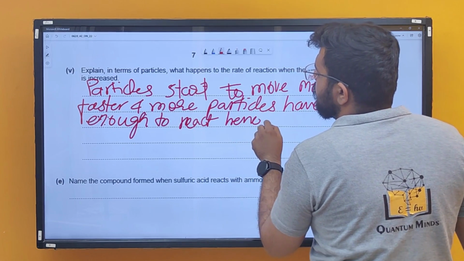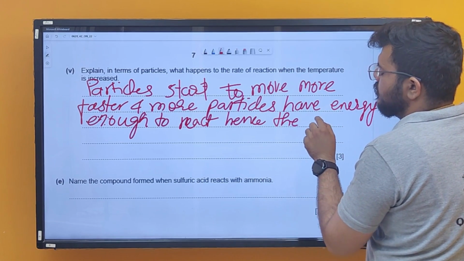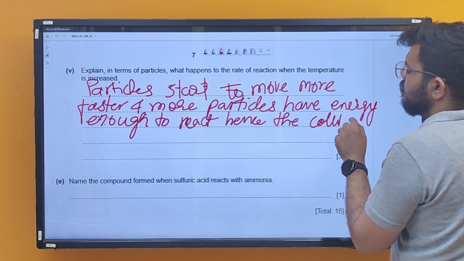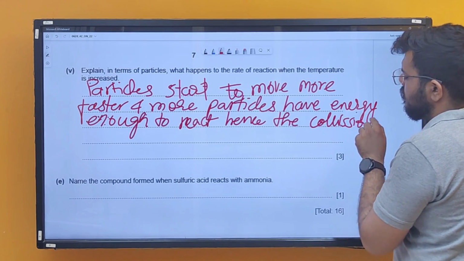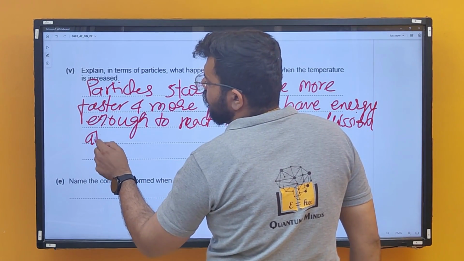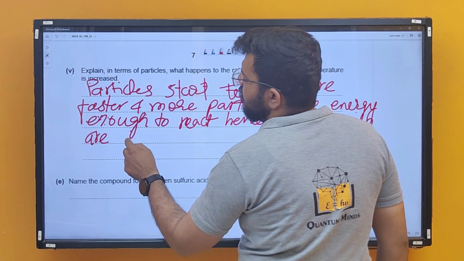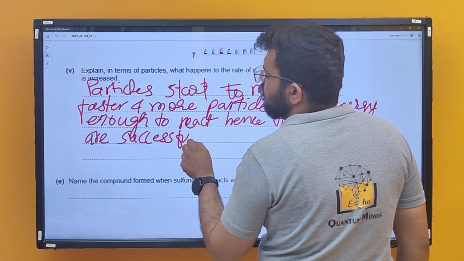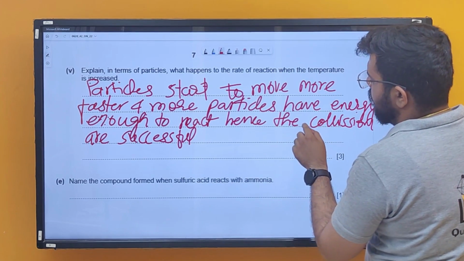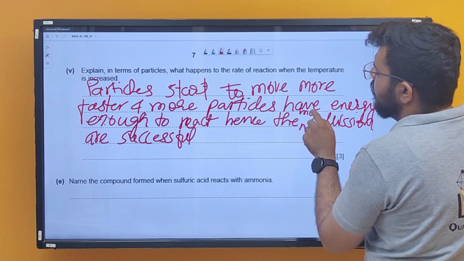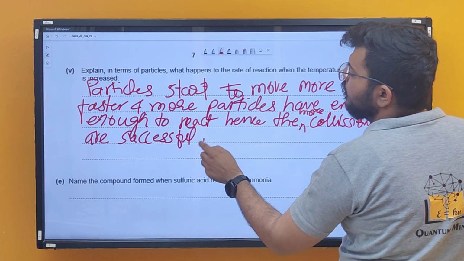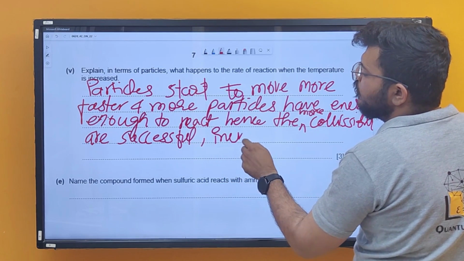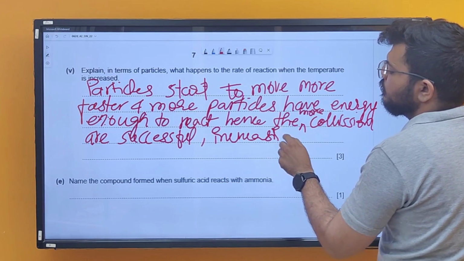Hence the collisions are more successful, or more number of collisions are successful, or more collisions are successful, increasing the rate of reaction.